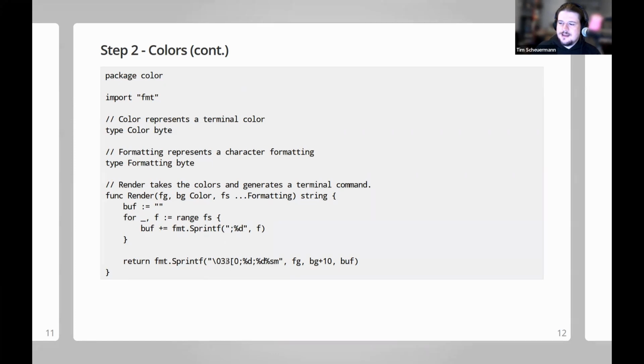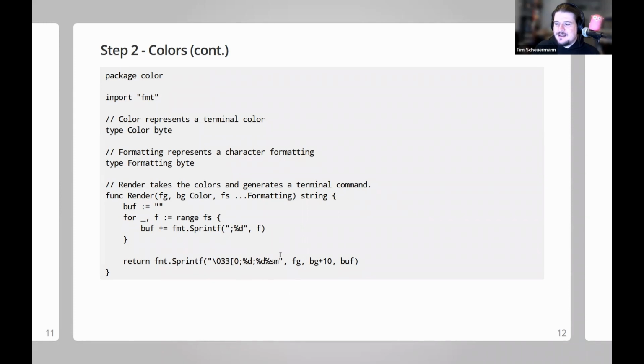033, that's I think 33 as a byte. Then this opening brace is 0, a semicolon, the foreground, a semicolon, the background, and then possibly also additional semicolons with formatting options like bold text or italic or blink, while blink isn't supported by most terminals anymore, which is very sad.